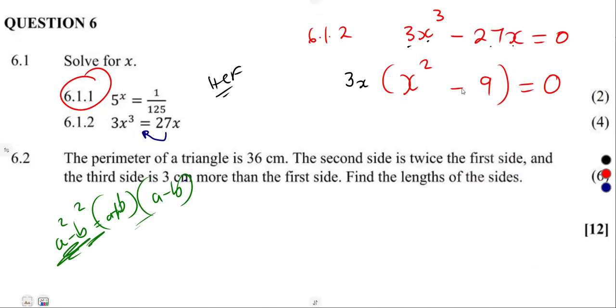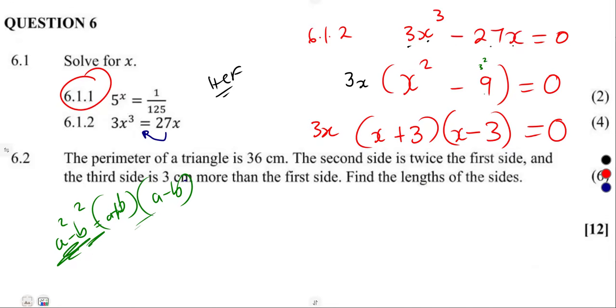So the square root of 9 is 3, so it's the same as 3 squared. So it is going to be the 3x that you factored out before, times the two brackets of the difference of two squares: the square root of x squared, which is x, and the square root of 9, which is 3. One is going to add, another one is going to subtract. Our difference of two squares is being applied.